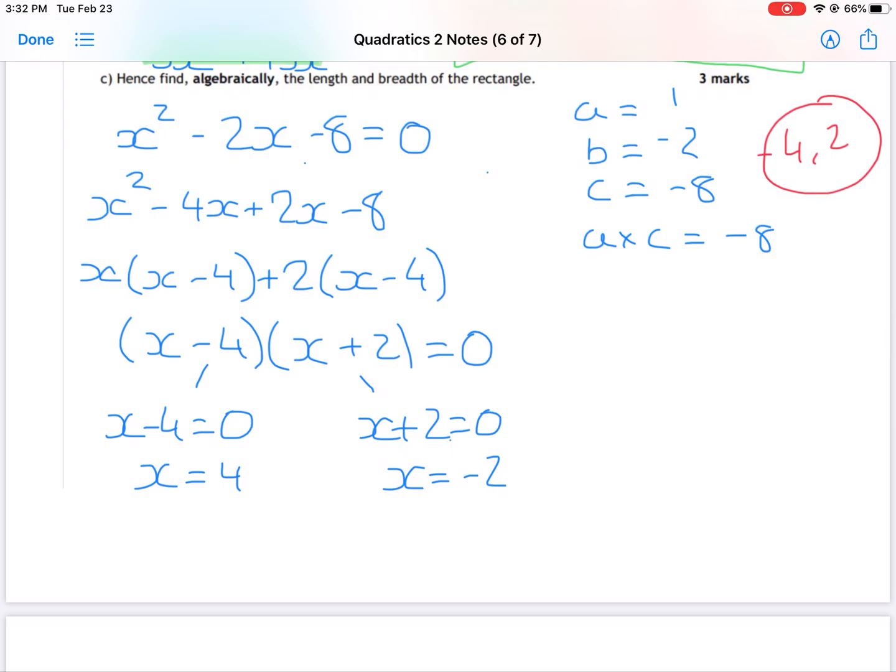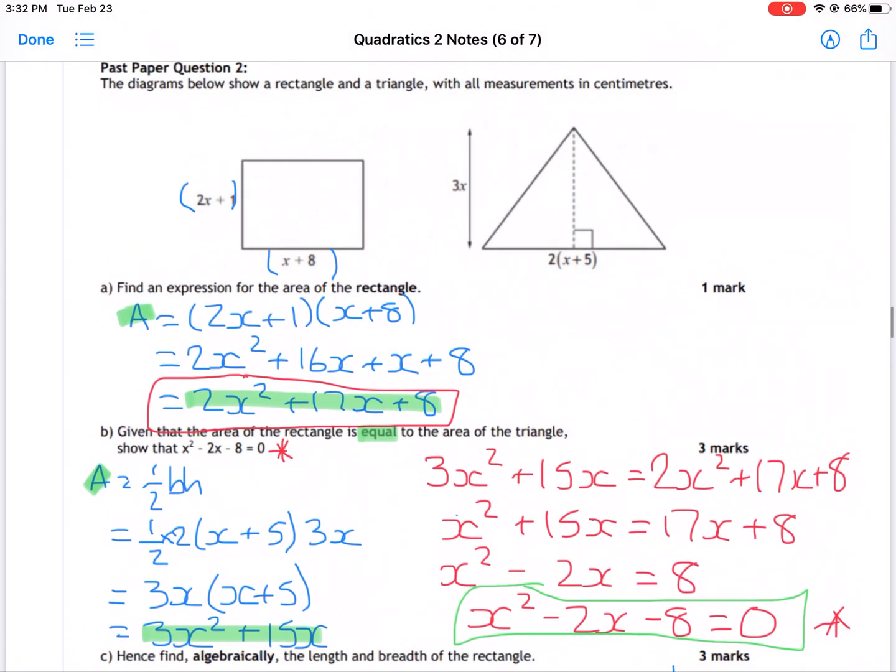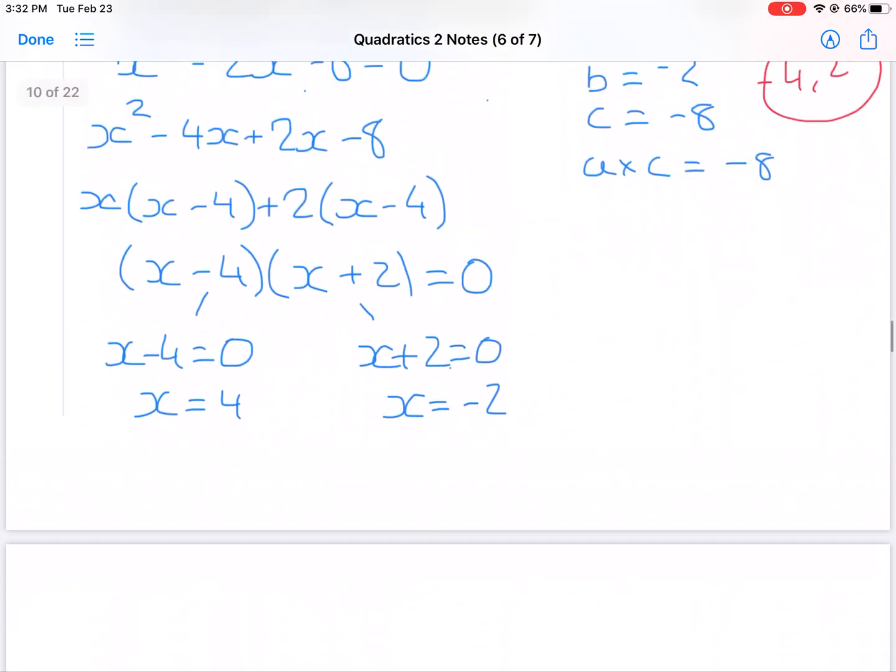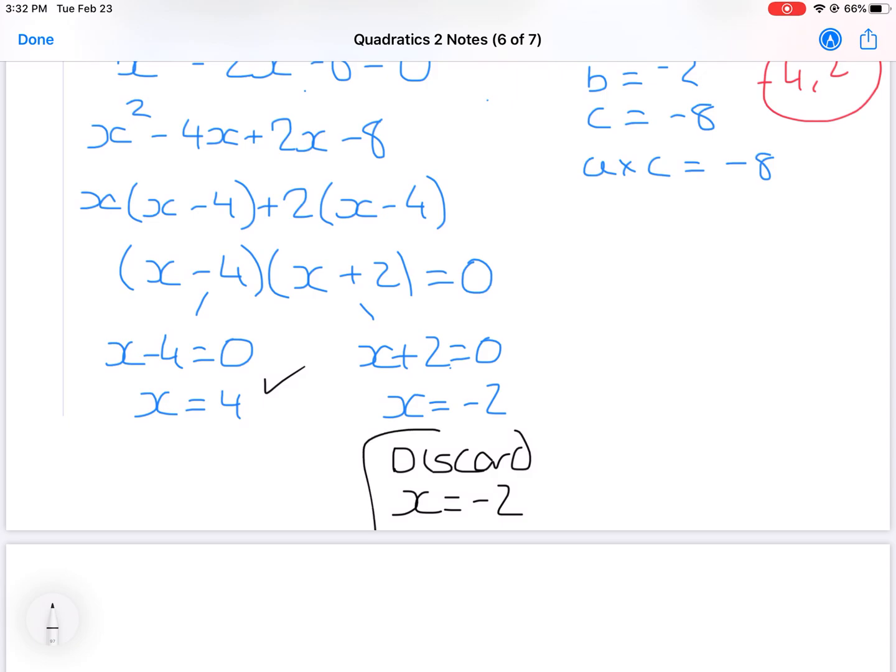But if x was negative 2, we'd end up with negative 2 plus 8 on the bottom, that would be okay, it's still positive, but we'd end up with 2 times negative 2, which is negative 4, plus 1, which is negative 3. Therefore, we can't have that negative length, and before we go any further, we have to say x is 4, and we discard x equals negative 2. So if this is in context, you have to remember and write that.